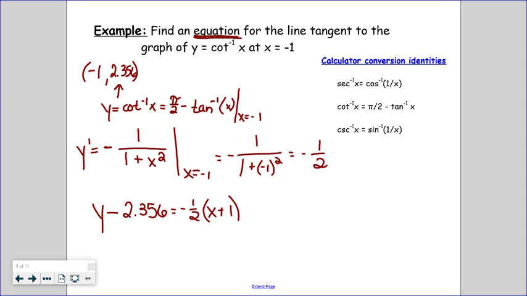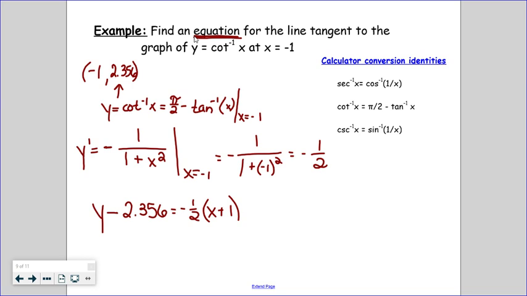Okay. Now, if I were to really challenge you, I might have taken away your calculator and said, figure this out without your calculator. And you can. It just requires that we remember our pre-calc and our inverse trig on the unit circle.